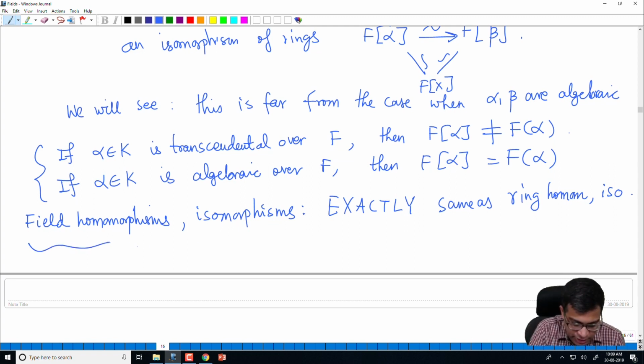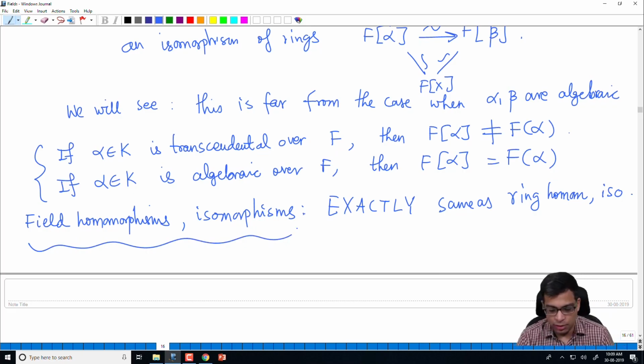So these are really not new concepts. The additional property of a field that every non-zero element has an inverse does not change what homomorphisms are. A ring homomorphism on a field will turn out to be a homomorphism of multiplicative groups also, but that comes out of whatever axioms we have for ring homomorphisms.